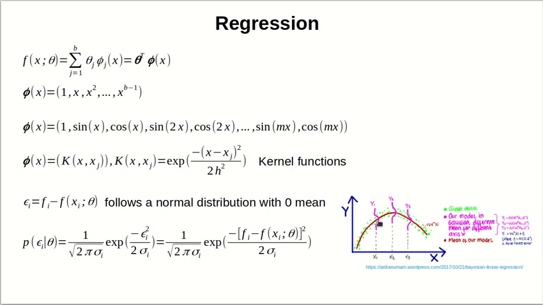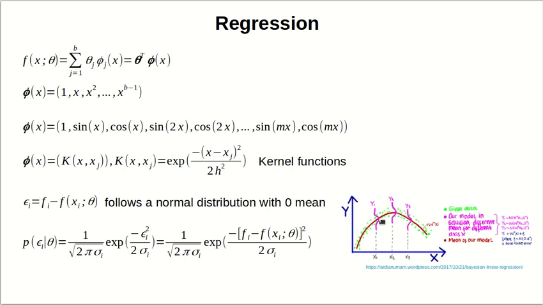So what this conditional probability is telling us is that, for a given model, for a given theta, the probability of epsilon i follows this Gaussian with a center given by the prediction f, and the width given by sigma i.